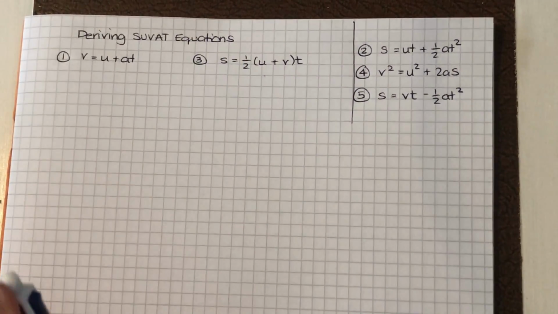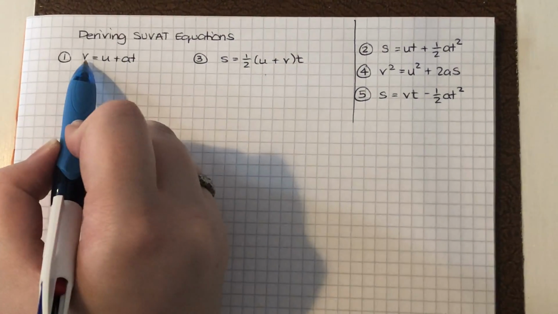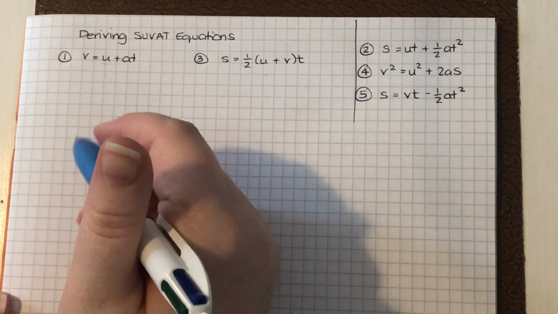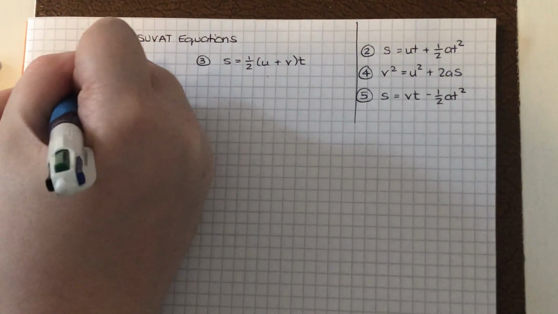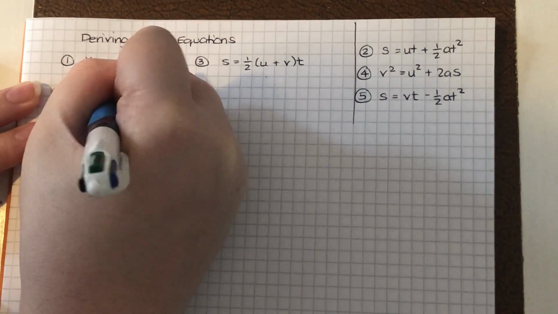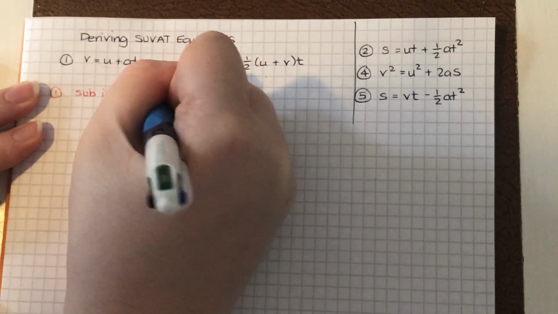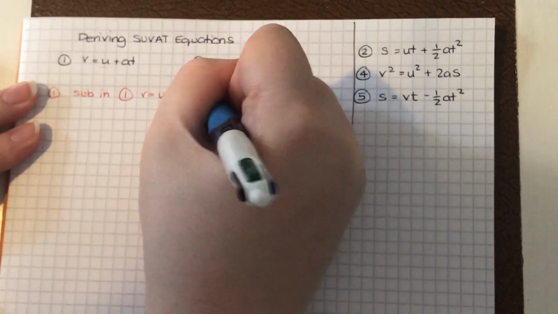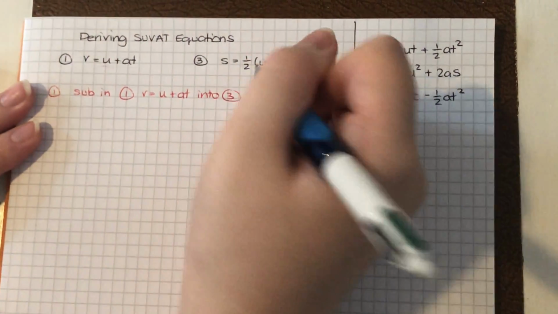So the first one that I'm going to do, I'm literally just going to replace the u in this formula with this part here, so the u plus at. So for the first one, sub in 1, v equals u plus at, into 3.